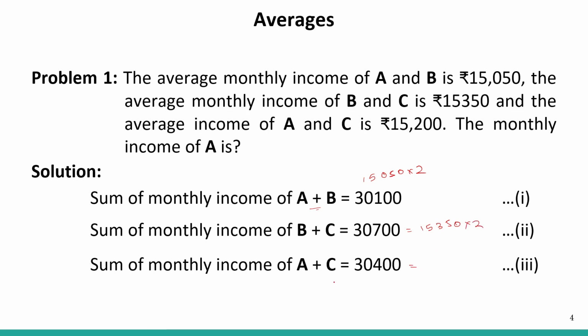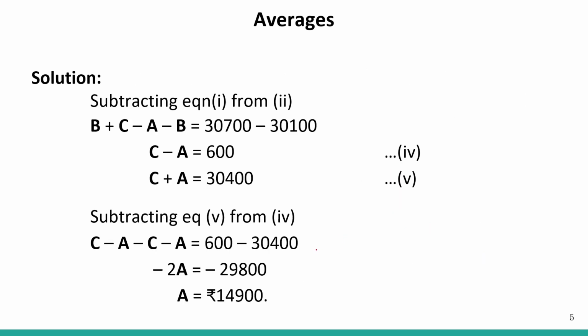And the sum of monthly income of A and C is equal to 15,200 into 2, right? So this is how we got these values: 30,100, 30,700, and 30,400 for the sum of monthly income of A plus B, B plus C and A plus C respectively. Okay, so let's go forward.